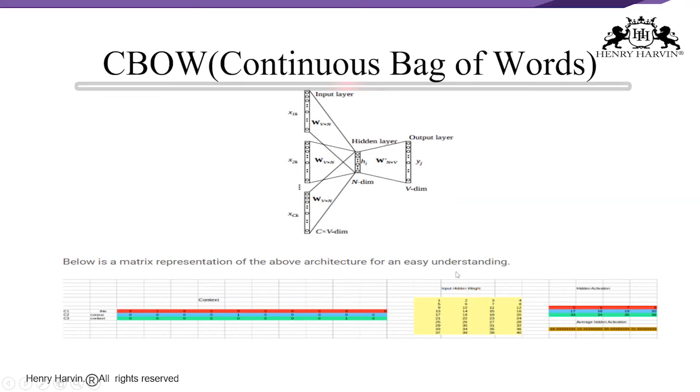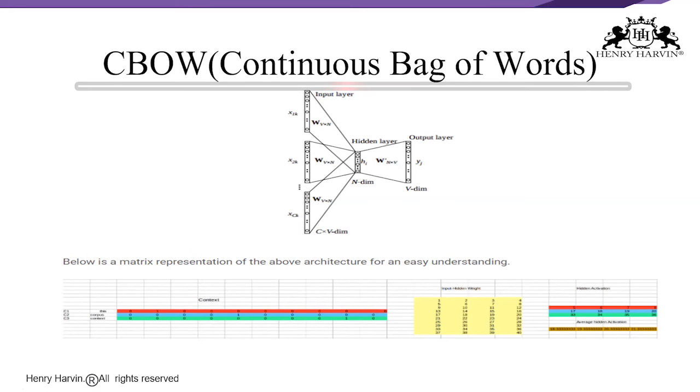Instead of copying the corresponding row of the input-hidden weight matrix to the hidden layer, an average is taken over all the corresponding rows of the matrix. The average vector is calculated and it becomes the hidden activation.